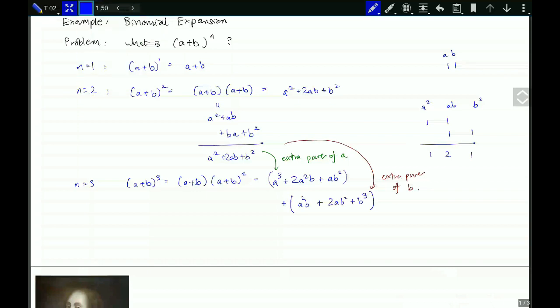And so when I sum them, I get a cubed plus 3a squared b plus 3ab squared plus b cubed.